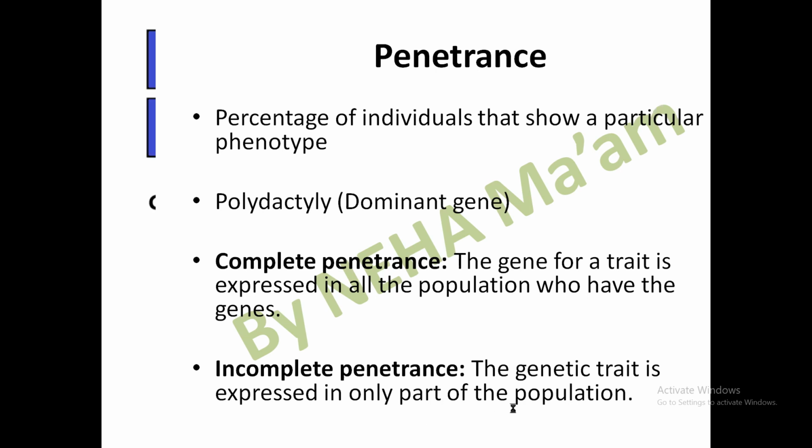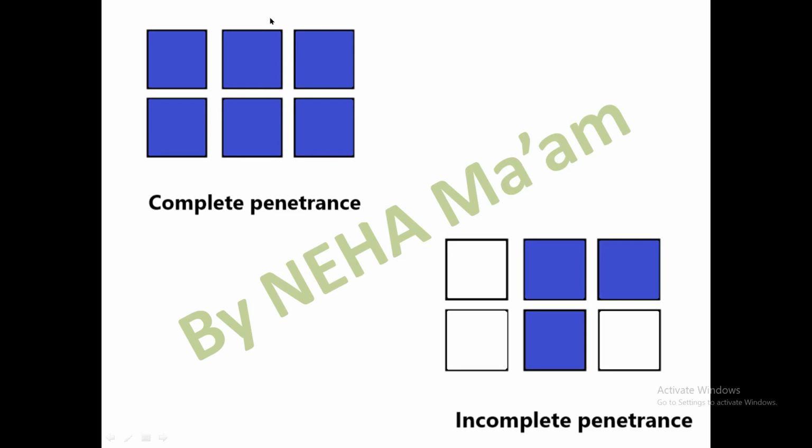For example, here you can see two pictures. Here the blue colored squares denote the presence of the particular phenotype. So here you can see that among 6 individuals of a population, the phenotype is expressing in all the 6 individuals. So here this is the case of complete penetrance, as the trait is penetrating all the individuals of a population.